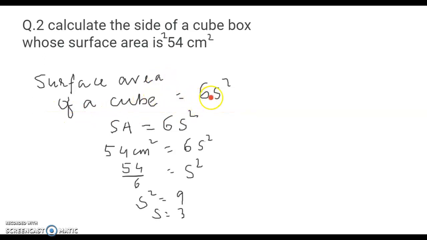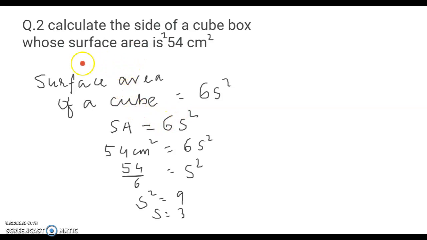Surface area of a cube is 6S square because there are 6 sides. Suppose the cardboard box doesn't have a lid, then there would be 5 surfaces. If there is no lid and also no base at the bottom, then there will be only 4 sides, so it will be 4S square.